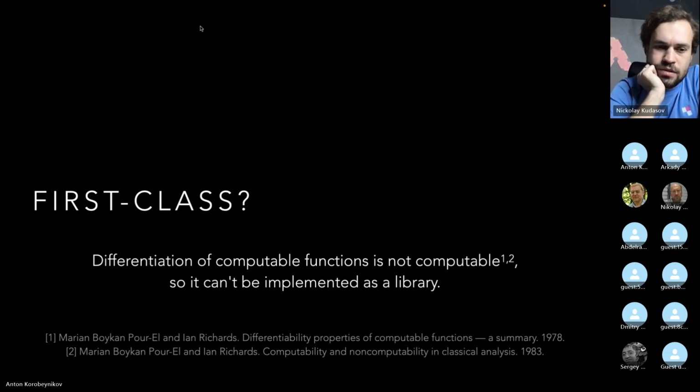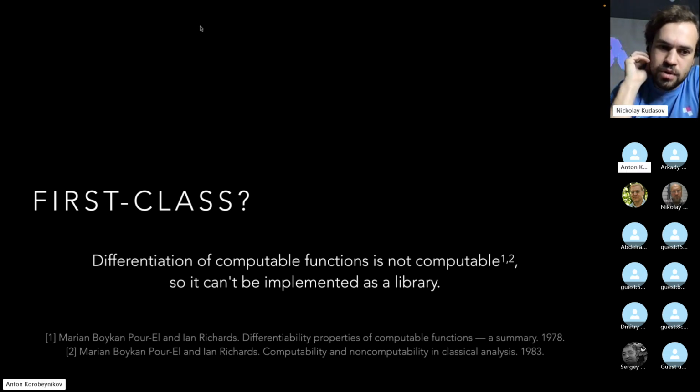Yeah, sure. So here by differentiation, you mean specifically automatic differentiation? Yeah, right. Because numerical methods are still available, but you mentioned this is not what we want to use, right? Yeah, right.